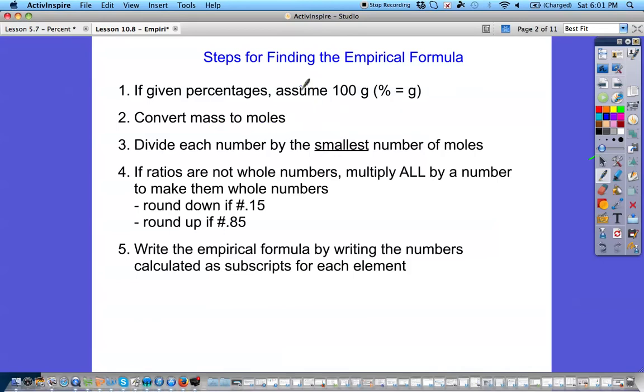So if we have 80 grams of carbon, to convert it to moles, we're just going to do 1 mole over 12.01 grams because that's the molar mass of 1 mole of carbon. Grams cancels. 80 times 1 is 80 divided by 12.01 will give us our number of moles.